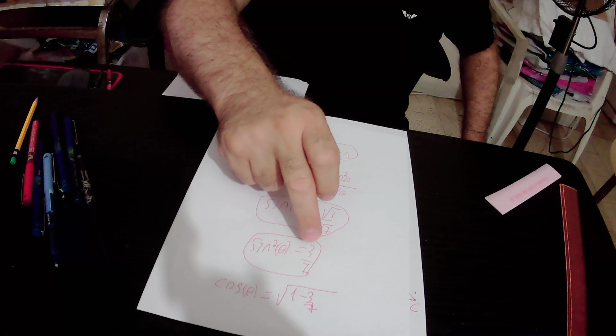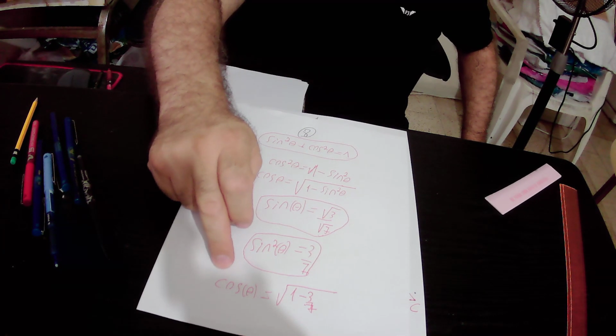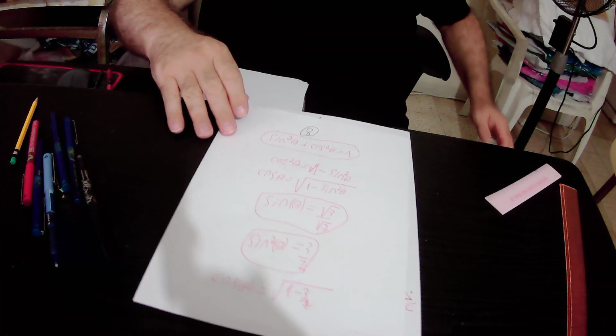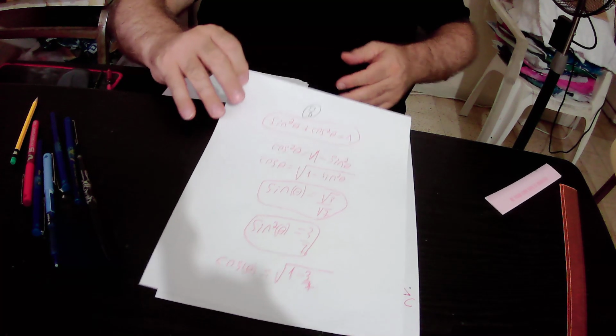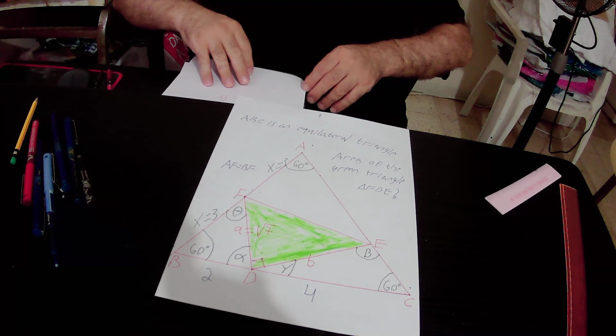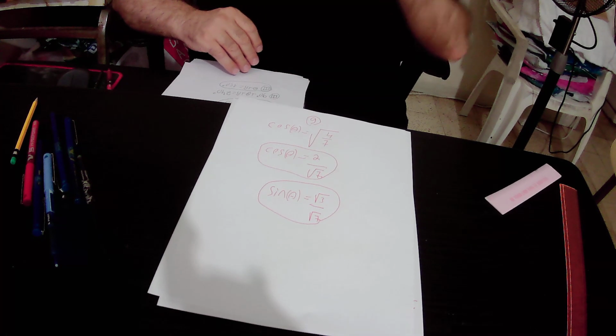So we got that cosine theta equals the root of 1 minus 3 over 7. 1 minus 3 over 7 is 4 over 7, so cosine theta equals the root of 4 over 7.